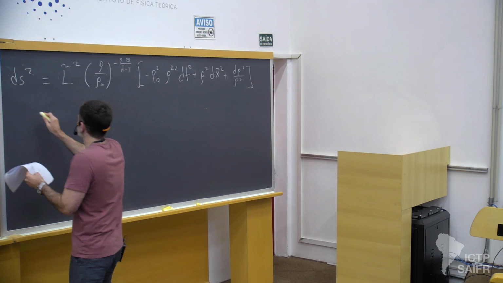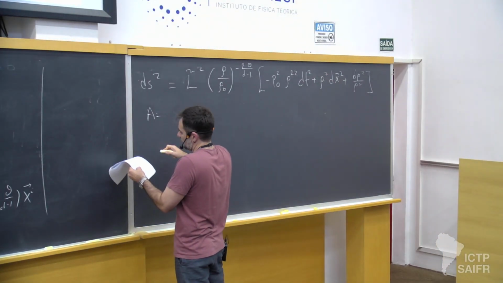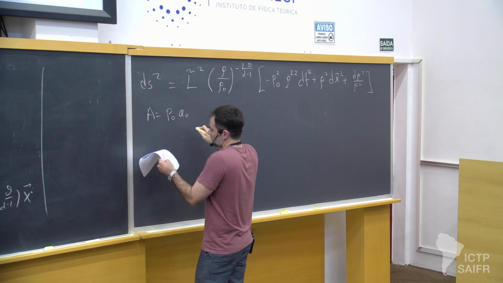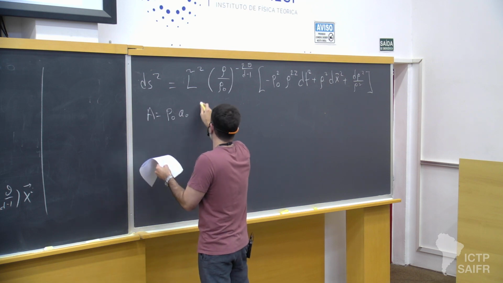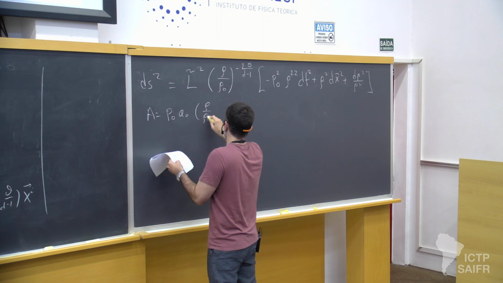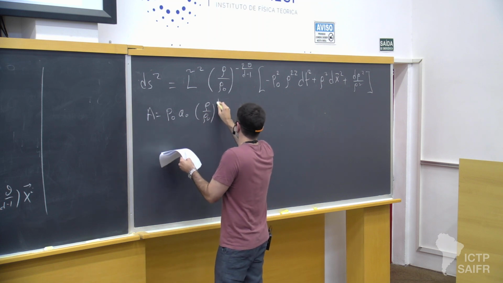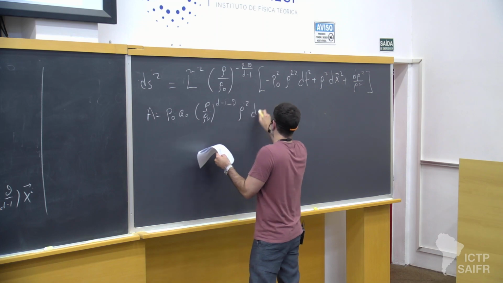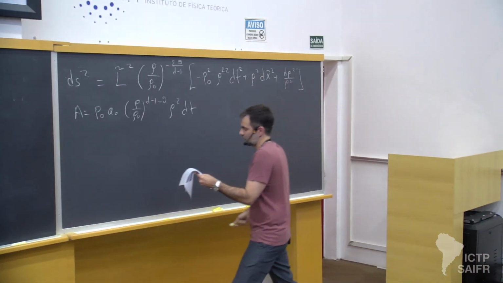And for the gauge field solution, I will have P naught A naught times (rho over rho naught) to the d minus 1 minus theta, times rho to the z dt.